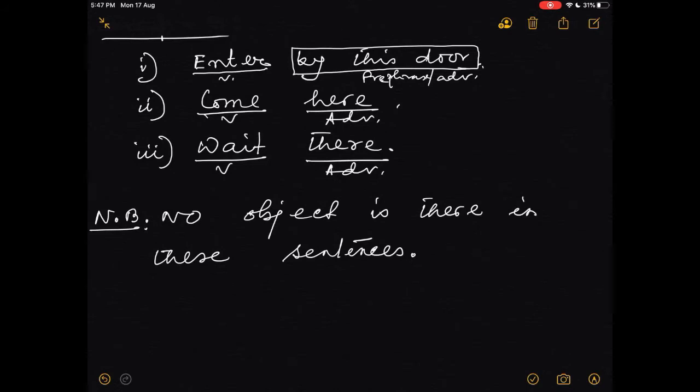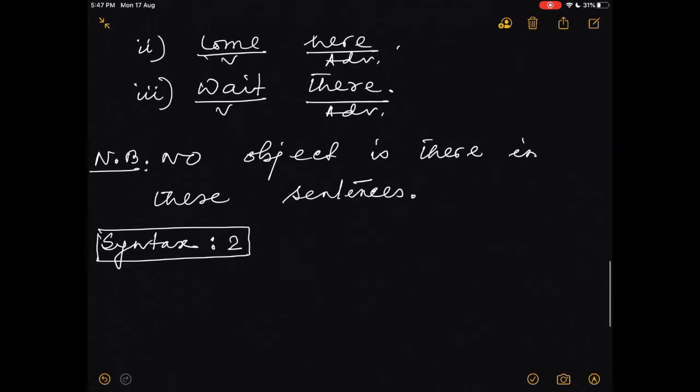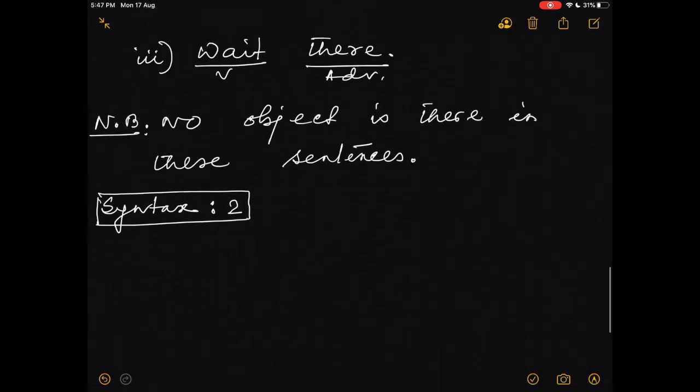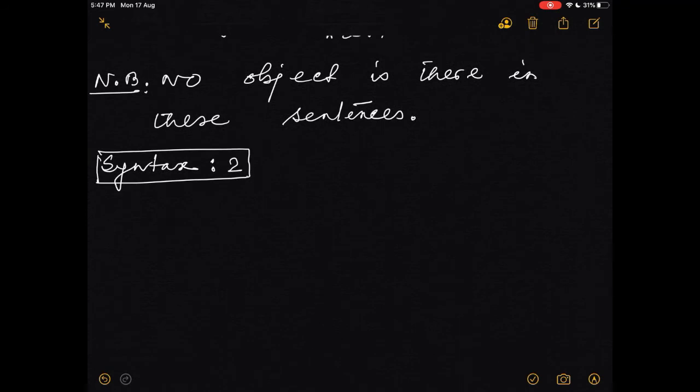It is not possible. So for this, you have to use another syntax, that is syntax 2. Syntax 2 for the sentences of group B. What is the syntax? You know it.